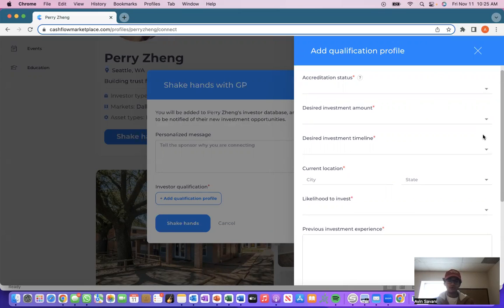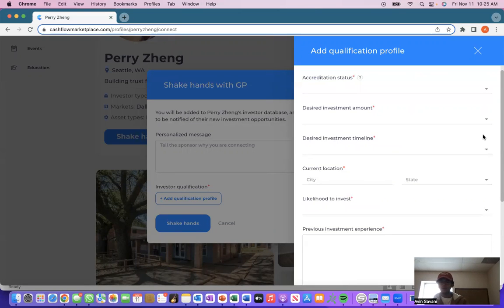You'll probably want to go through a breakdown of the difference between 506C and 506B, but just know that with 506B, I don't think you can advertise. 506C you can. So I'm assuming 506C is more public and 506B is more private.